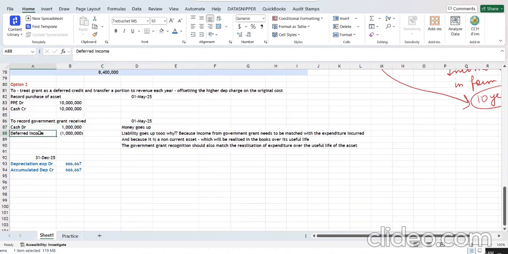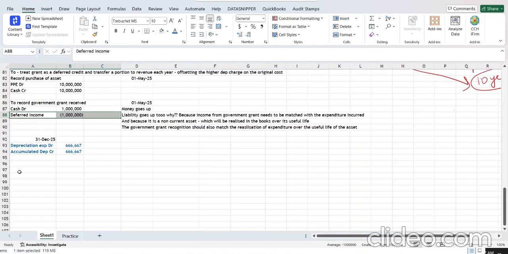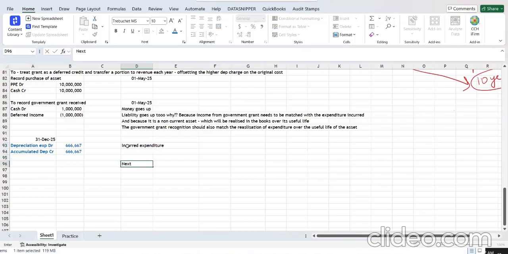Now it's time that I match the depreciation expense with my income as well, right? So my deferred income is sitting at 1 million. Now my job is to recognize the income because here I have incurred expenditure. And now the next step is to match income with the expenditure.